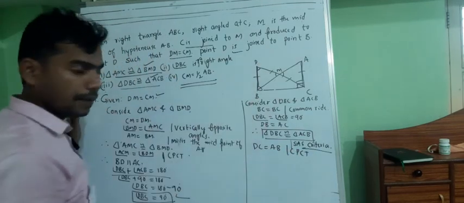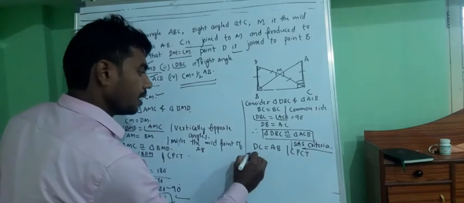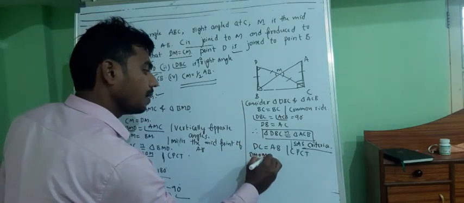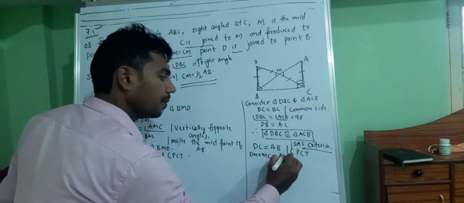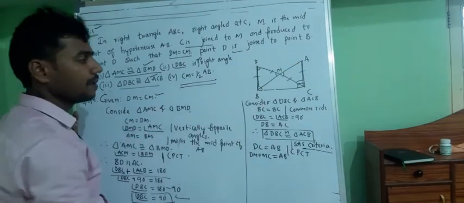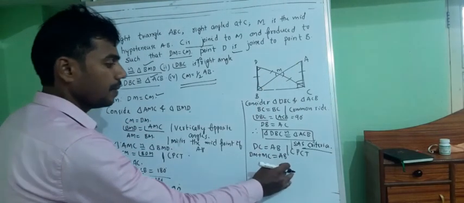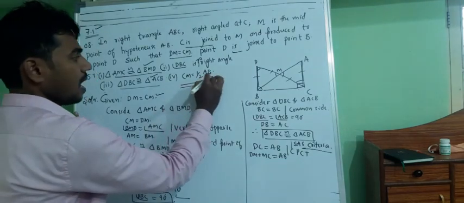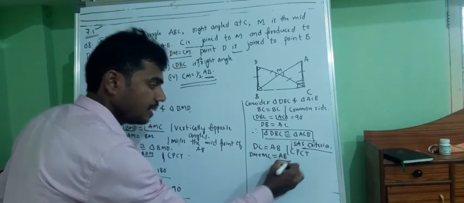DC can be written as DM plus MC, which is equal to AB. Else I would have written AB as AM plus MB, but I need not write that because I need AB in the answer. So I retain AB as it is.